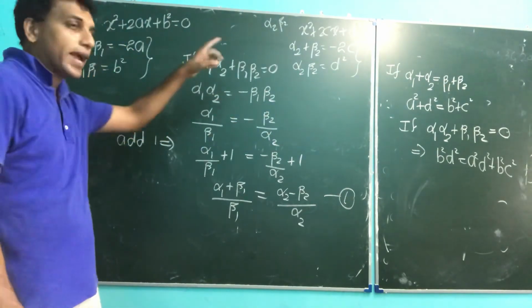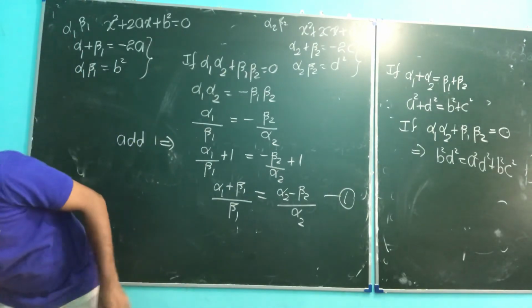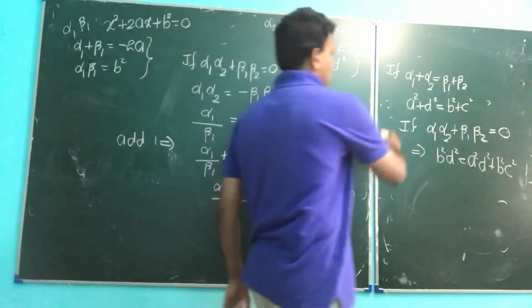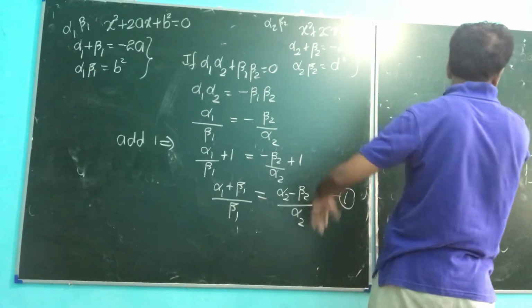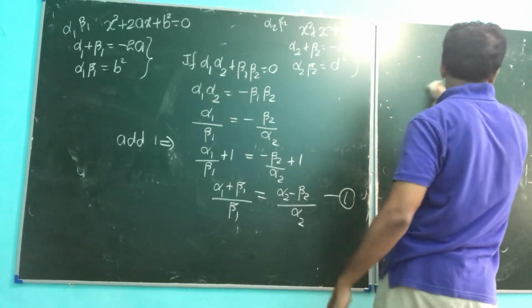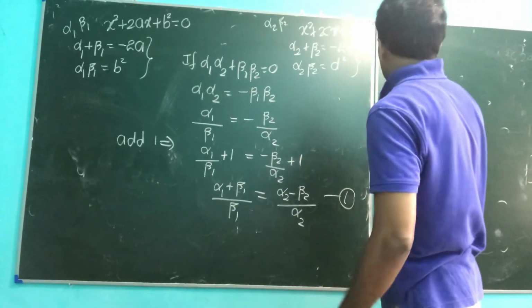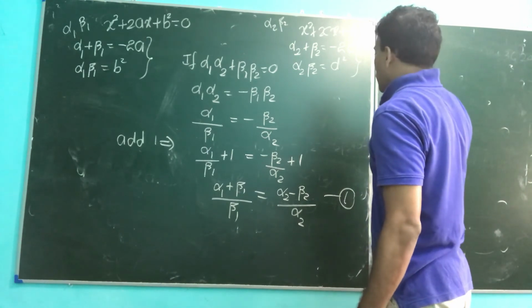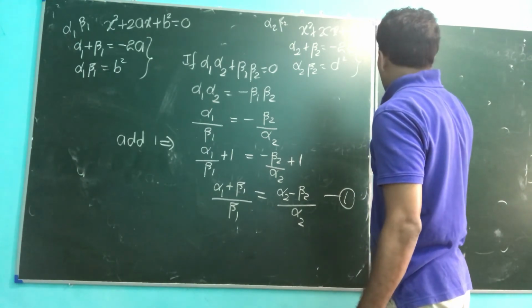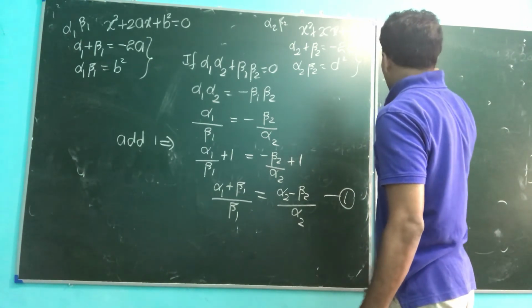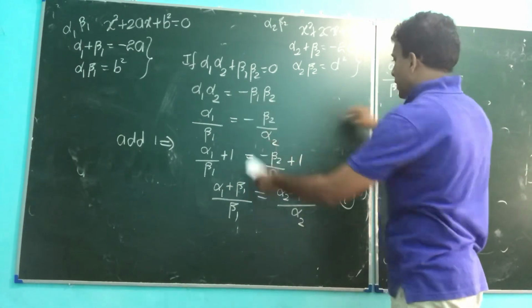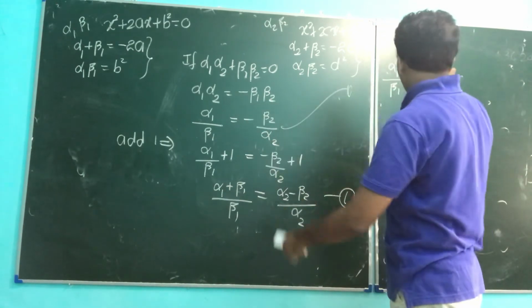Next try subtract 1. By writing that, subtract 1. Alpha 1 over beta 1 subtract 1. This one, right? From here I am showing once again.